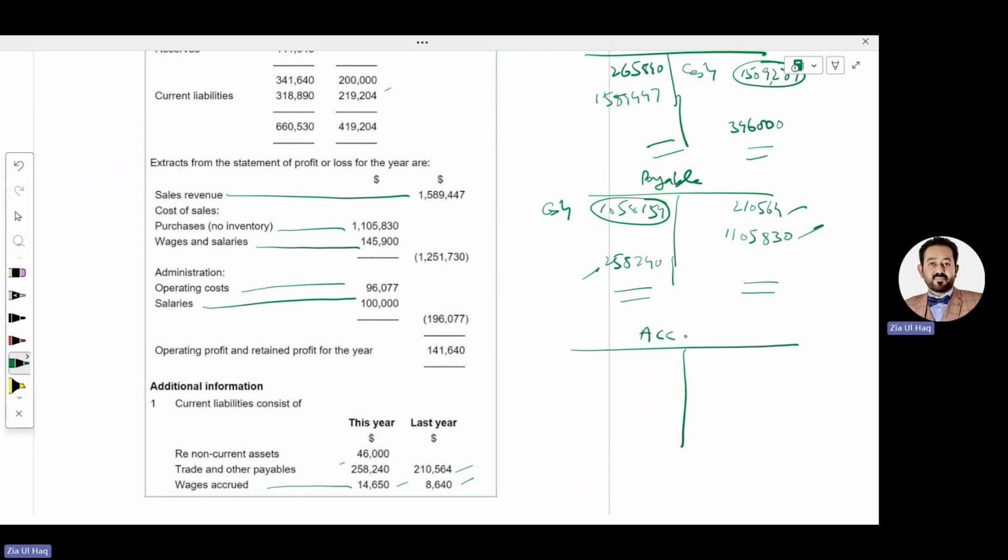So we have the accrued wages account. Its opening balance is 8,640. It's a liability, and the closing balance is 14,650. And wages charged to the profit and loss account, how much is charged? 145,900 and 100,000. So we can calculate the cash payment.